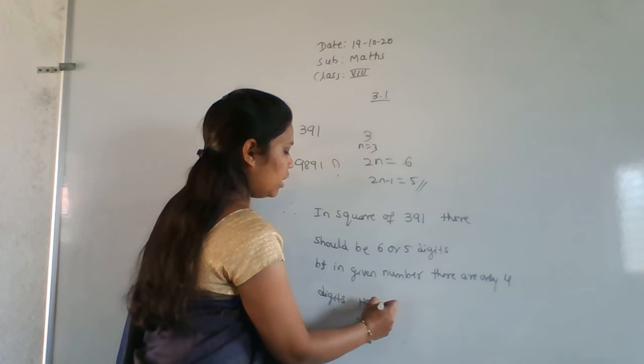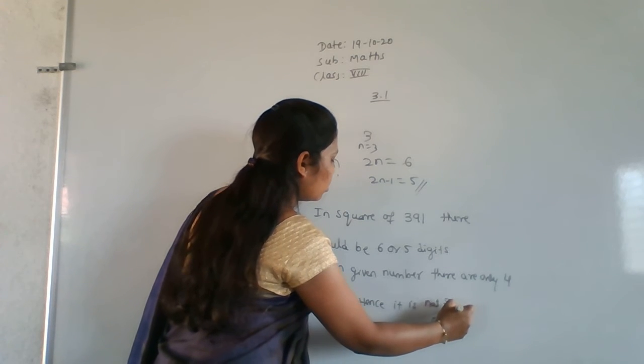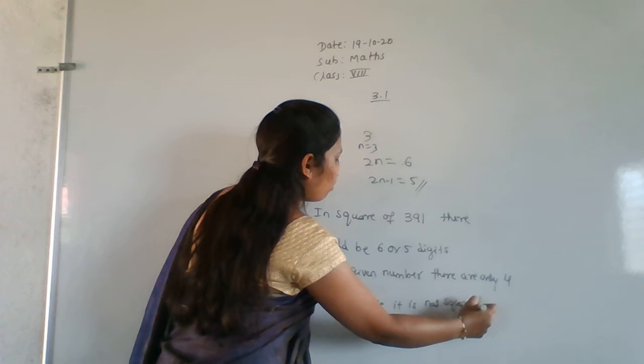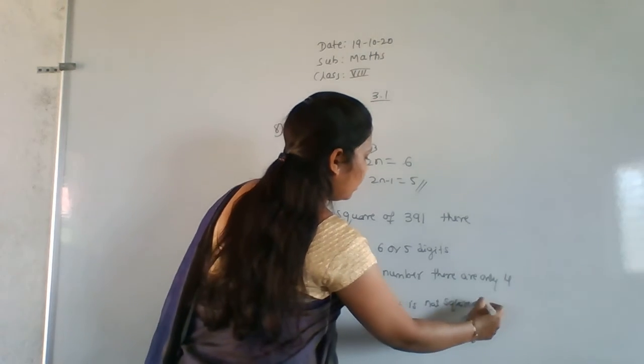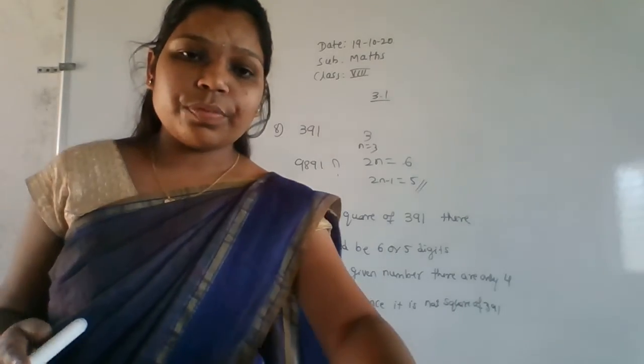Hence, it is not a square of 391. Write like that only.